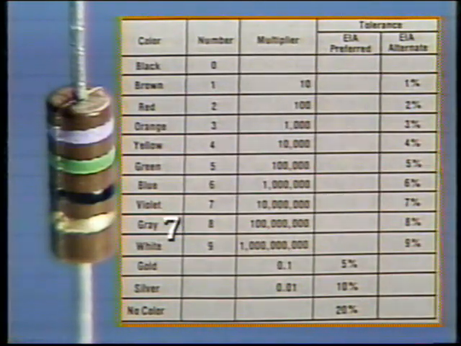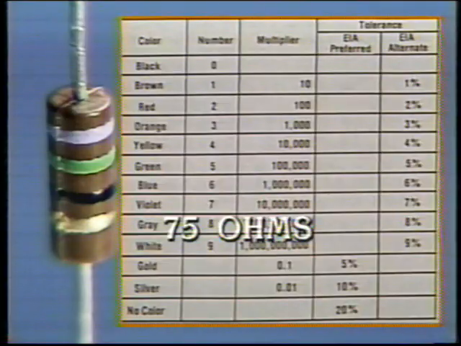The second band represents the next significant number. Green represents the number 5. The third band represents the multiplier, or the number by which the first two numbers are multiplied. Here, black indicates there is no multiplier, so our resistance value is 75 ohms.